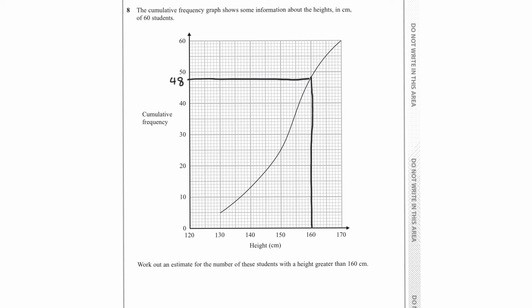Because it's a student with a height more than 160, it's this portion of students. Because the total cumulative frequency is 60, within that range is 60 minus 48, which is 12 students, because up to there is 48, so between there would be 12 students. So the answer would simply be 12 students.